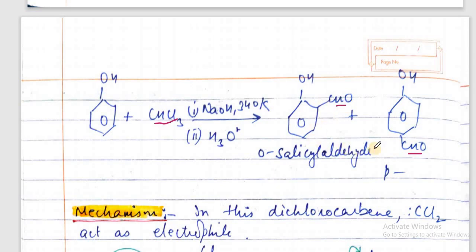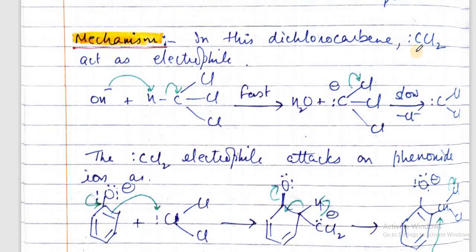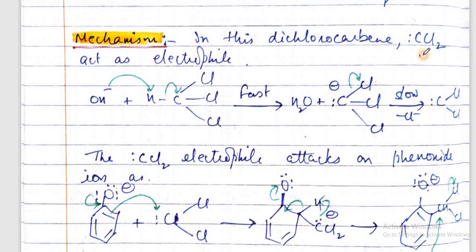So it is an ortho-salicylaldehyde and a para-salicylaldehyde. And the reaction mechanism is: in this, CCl2, that is dichlorocarbene, is the electrophile. In the previous one carbon dioxide was the electrophile. In this, dichlorocarbene is the electrophile. It is generated when chloroform reacts with OH negative in alkaline solution.